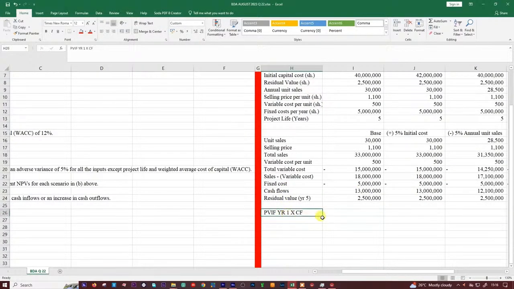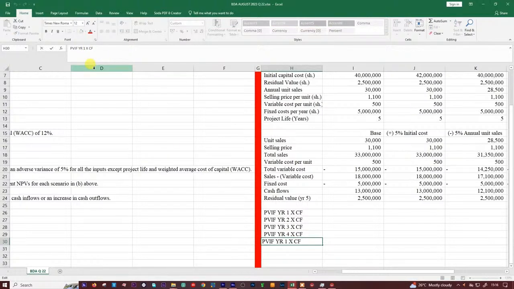PVIF year 2 times cash flow, up to year 5. So year 1, year 2. I'll just change this, it's going to be easier to change that. Year 3, year 4, then year 5. Cash flow there.